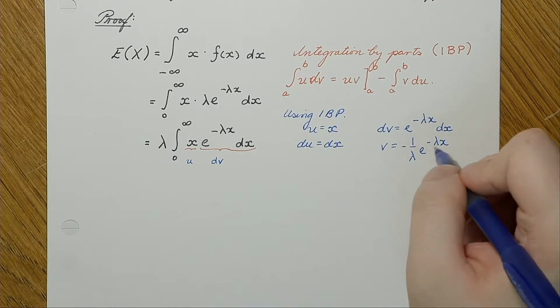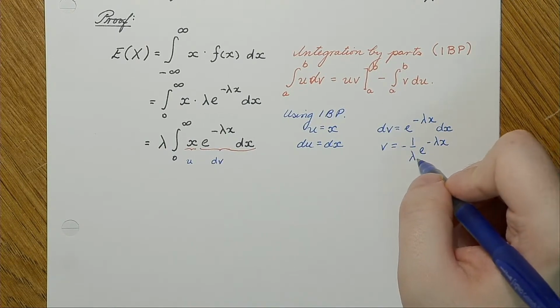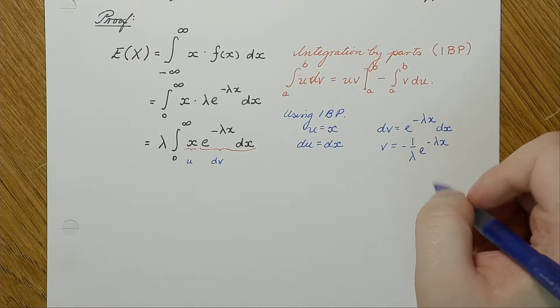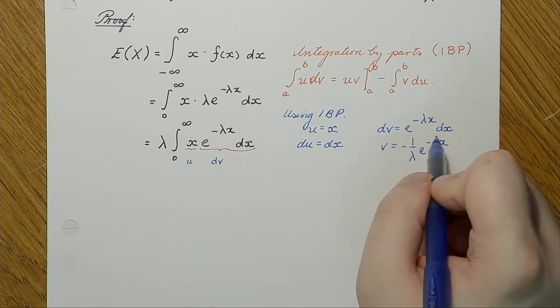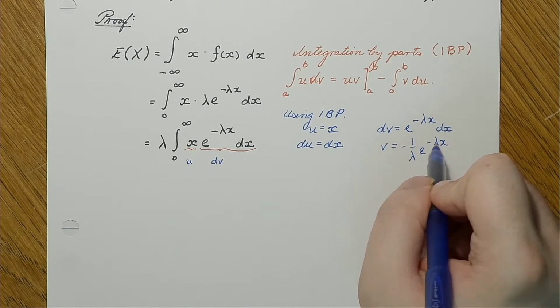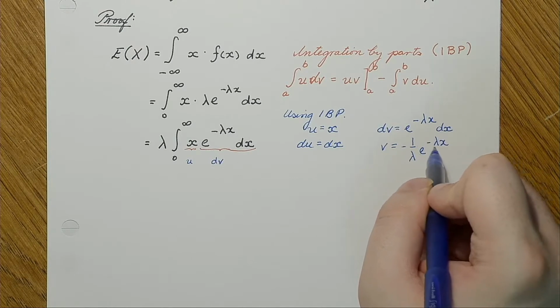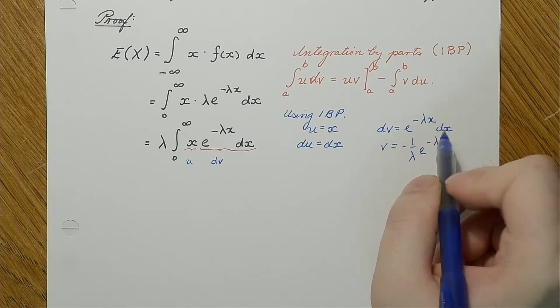Now, if you want to check to make sure that I did this correctly, all you have to do is differentiate that. Differentiating, it's itself, and then times the derivative of the exponent, so just by chain rule.